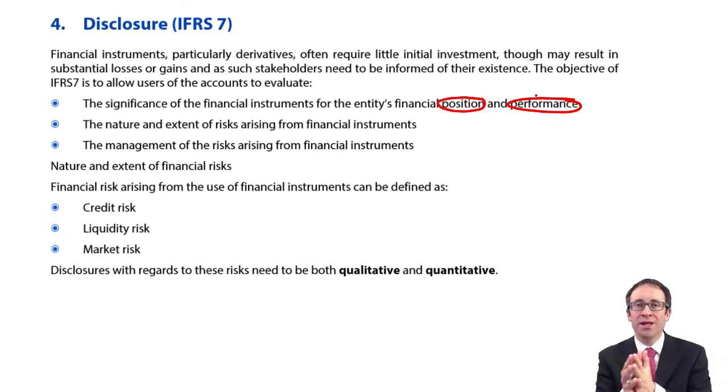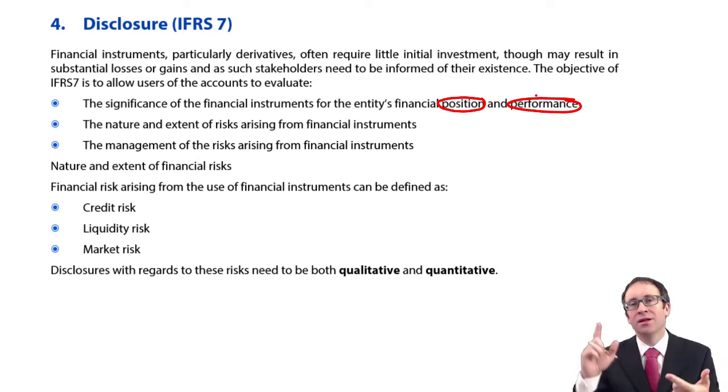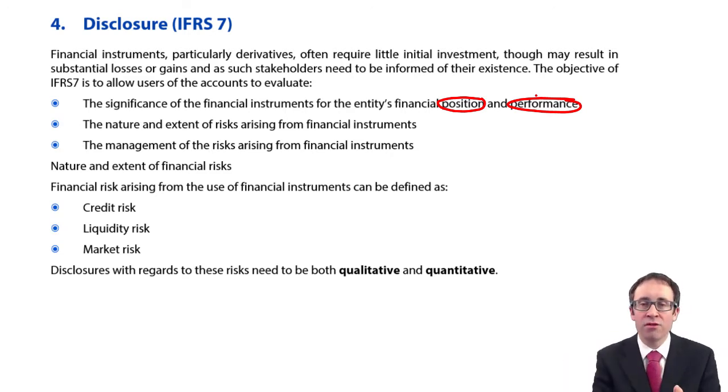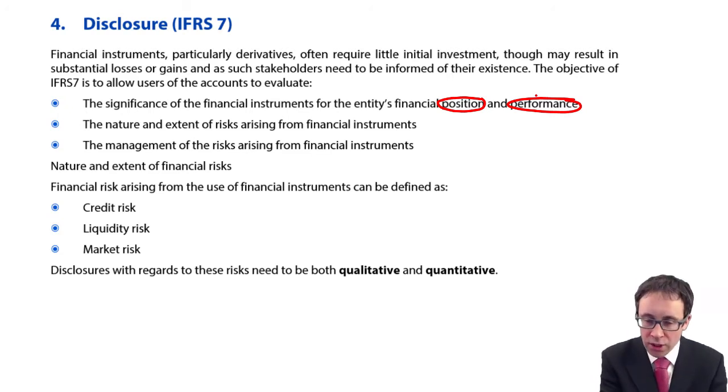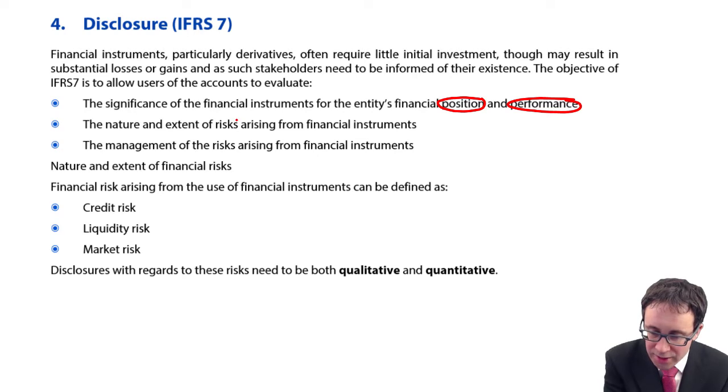The notes will split it out into the investments in debt, the investments in shares, and then whether they are fair value through profit or loss, fair value through other comprehensive income, or measured at amortized cost. Okay, so a little bit like your property, plant and equipment note, it will give you how that balance has moved during the year. But we also need to go through there and look at risk.